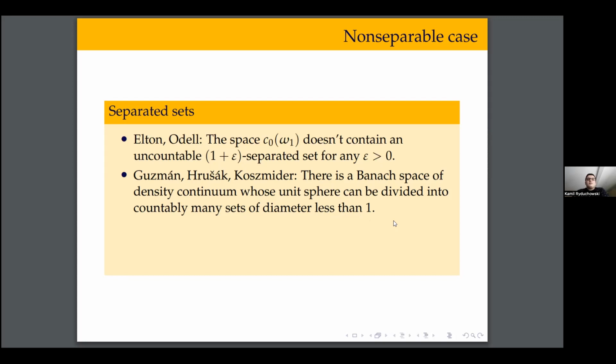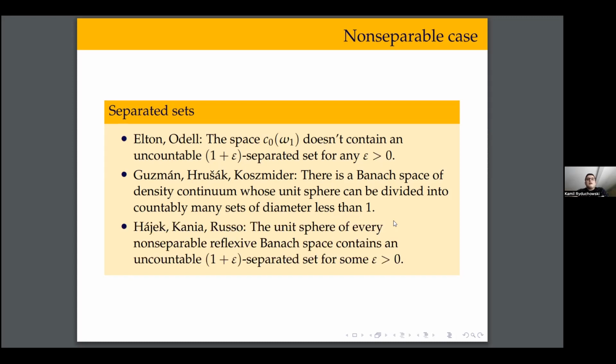But there is a very strong positive result by Hájek, Kania, and Russo that the unit sphere of every non-separable reflexive Banach space contains an uncountable 1+ε separated set for some ε.